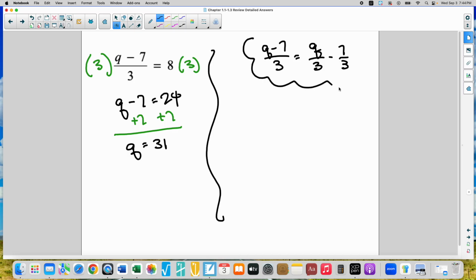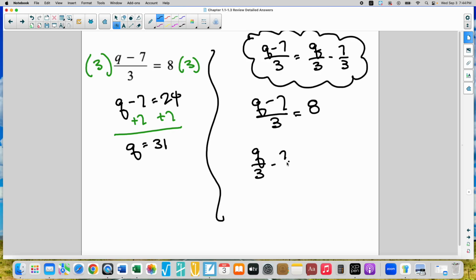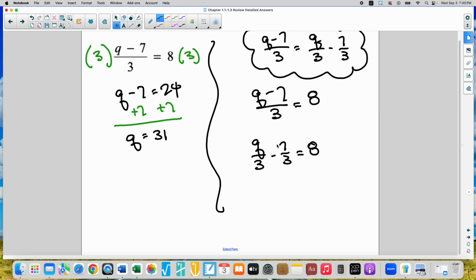Let's keep this understanding: if you have Q minus 7 over 3 equals 8, and we separated it, you make Q over 3 minus 7/3 equals 8. We'll get rid of the addition and subtraction by adding 7/3 to both sides.